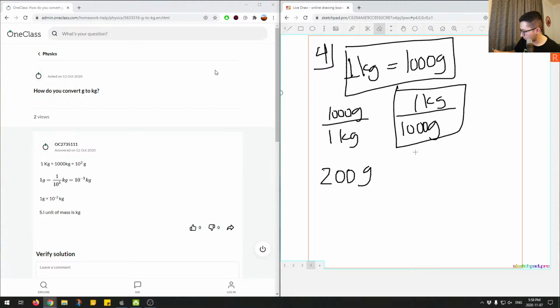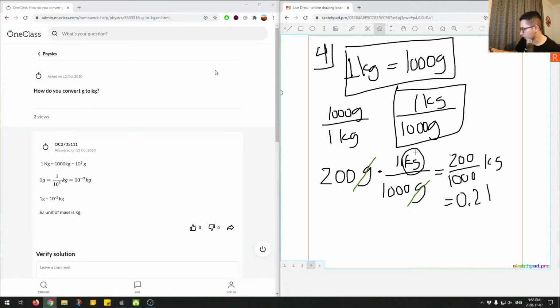So if we multiplied by 1 kilogram per 1,000 grams, we can see that the grams cancel, and we're left with just the kilograms, and we end up with 200 over 1,000 kilograms, which is just 0.2 kilograms. So this is a quick example.